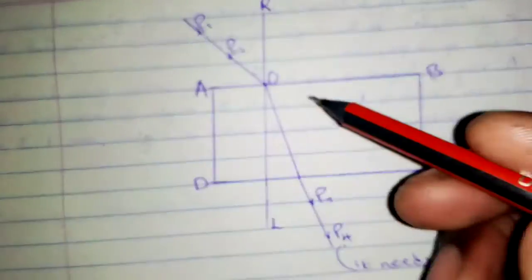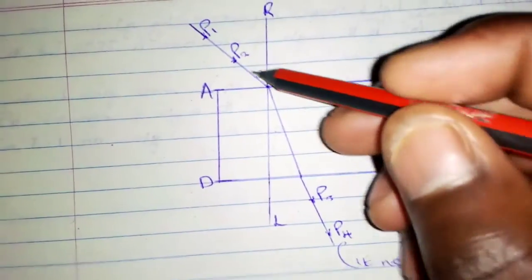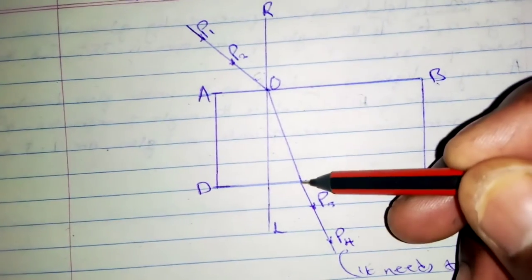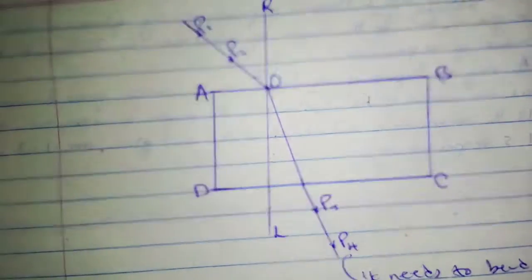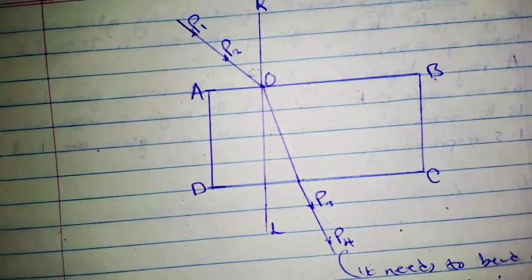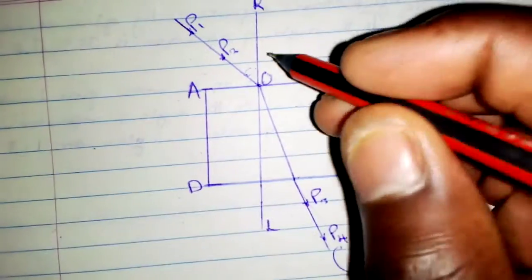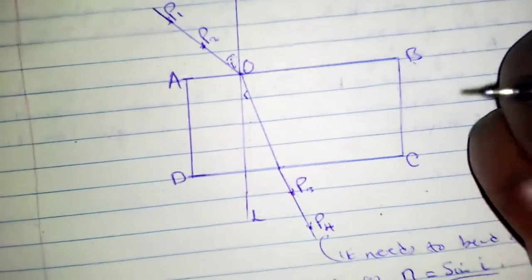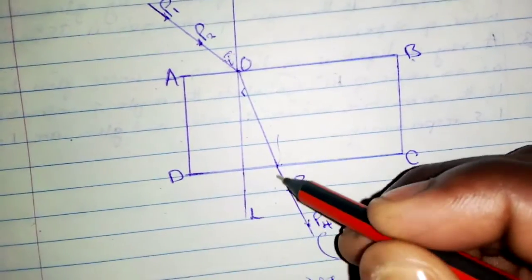So you realize that it will form something like here. It makes a deflection, then it goes like that. That's something that you are going to come up with. So if that happens, you realize that you are going to form an angle of incidence, an angle of refraction here. The same will happen here.